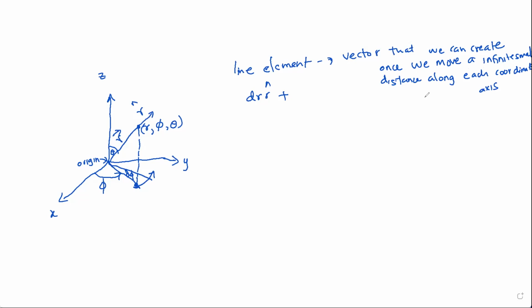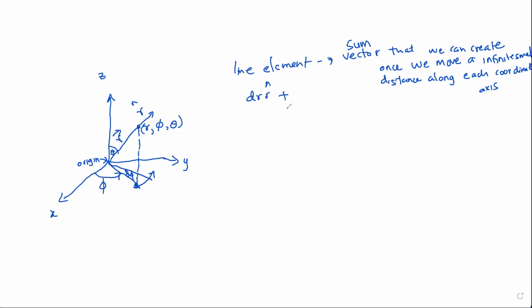So the vector that we can create once we move an infinitesimal distance along each axis, and once we take the sum vector, the sum vector that we can create once we move infinitesimal distance along each coordinate axis is what we define as a line element.